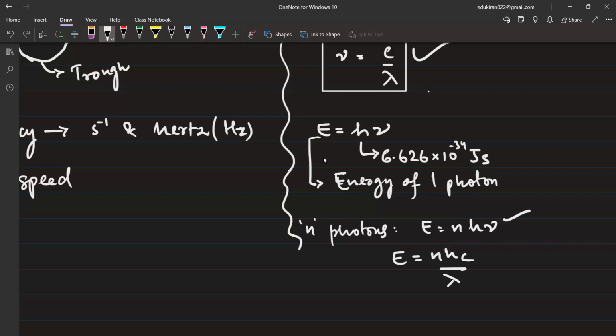Both of you wrote this formula, yes or no? Nu is equal to C upon lambda. E is equal to N h nu. And also the value of h.